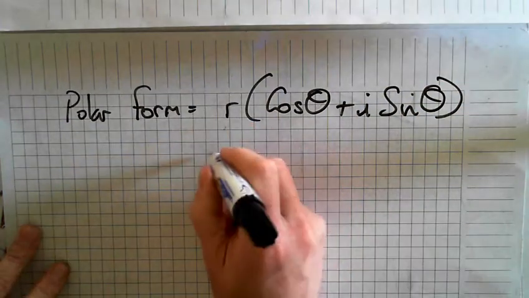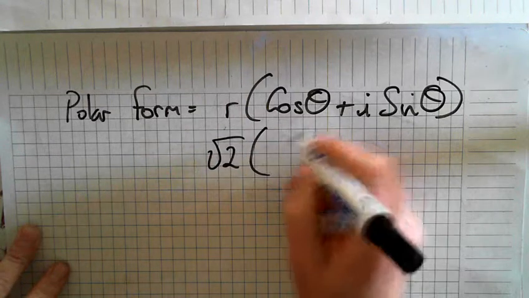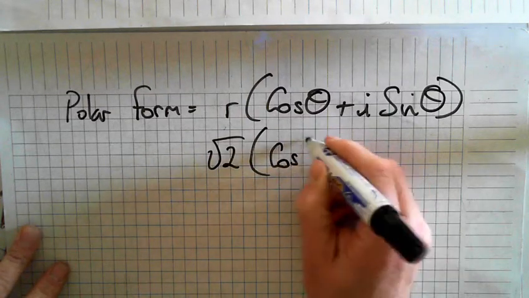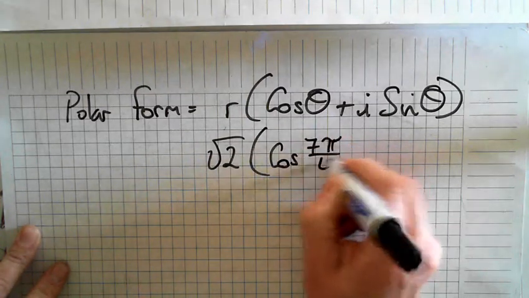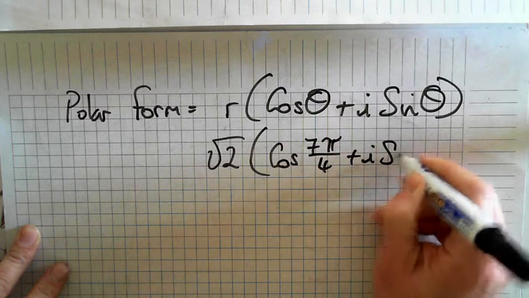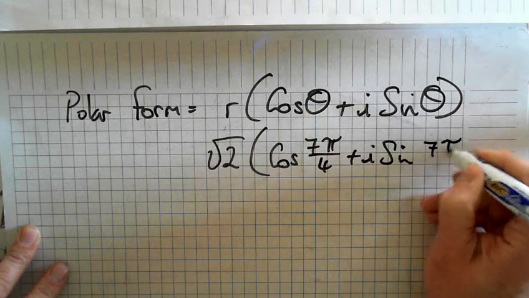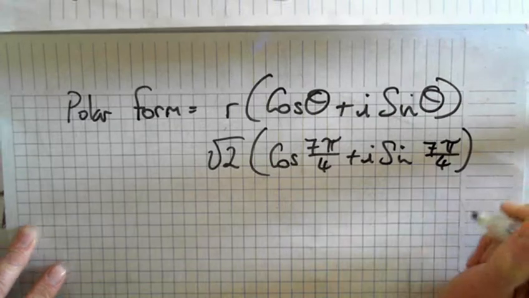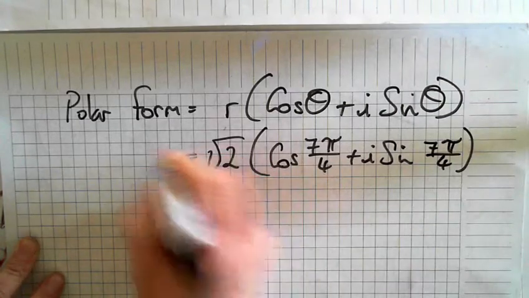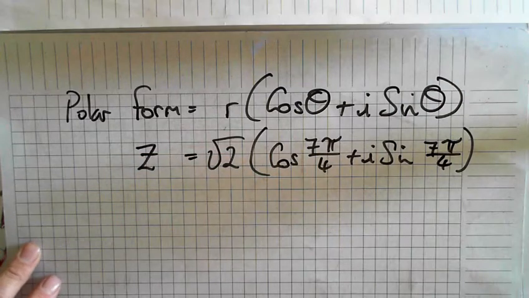So we have the radius, square root of 2, and cos of 7 pi over 4 plus i sin 7 pi over 4. So that's z, isn't it? That's the polar form of the complex number.